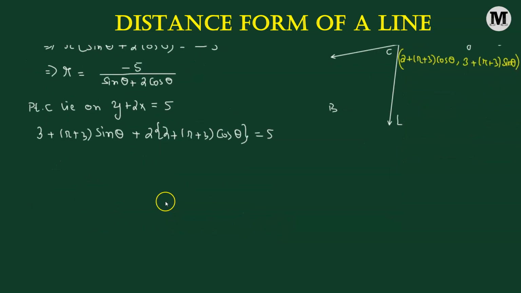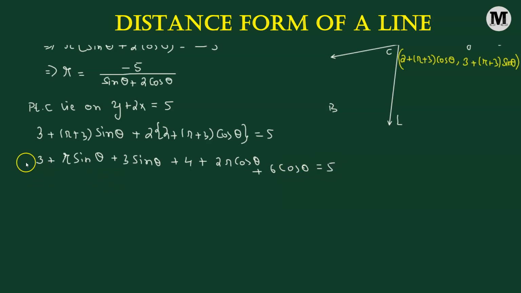So let's find out r from here. So we have 3 plus r times sine theta, plus 3 times sine of angle theta, added to 4 plus 2 times r cosine of angle theta plus 6 times cosine of angle theta, that is going to be equal to 5.